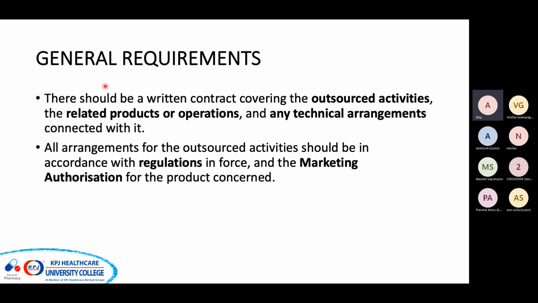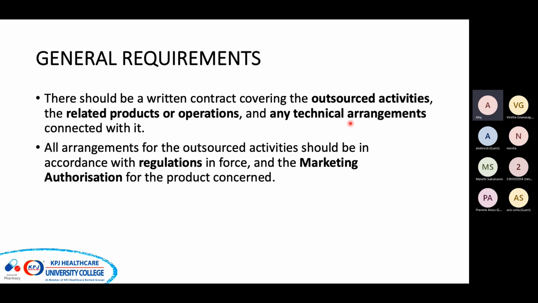So the general requirements for these activities to happen: the written contract should cover the outsourced activities related in terms of the product or operation, and also any technical arrangement connected to it. When we talk about technical arrangement, it means the technical transfer.